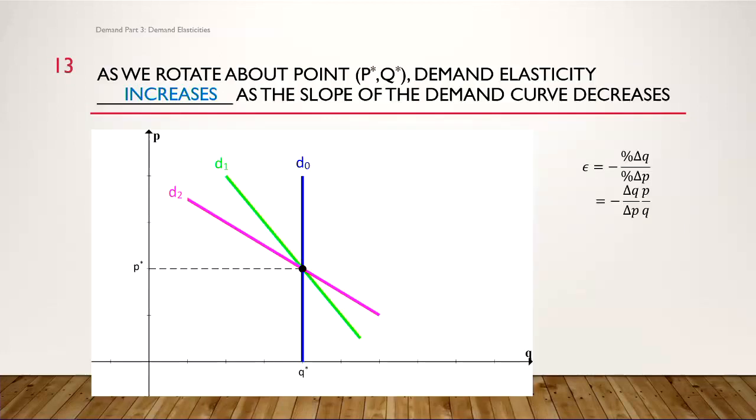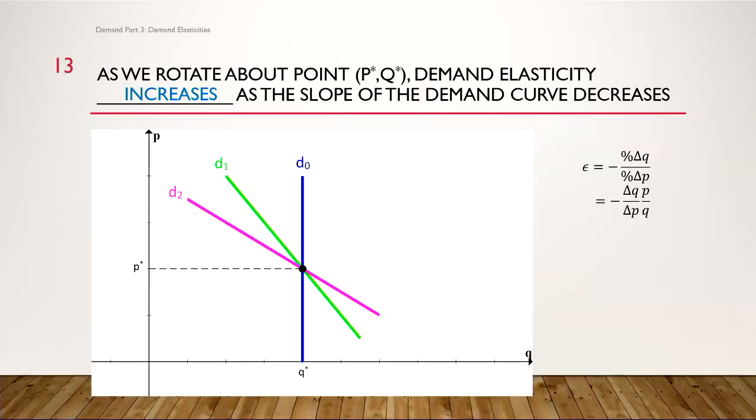All right, so this is what it looks like visually. Again, the vertical demand curve is perfectly inelastic. Elasticity of demand is 0. And now we're going to rotate around the point P, Q. Holding P and Q constant, the elasticity is only going to change with the slope. If the slope gets flatter here, dP/dQ is smaller, which means dQ/dP is larger, which means the elasticity is larger. So as we make the slope of the demand curve flatter, we make the elasticity higher, more elastic.